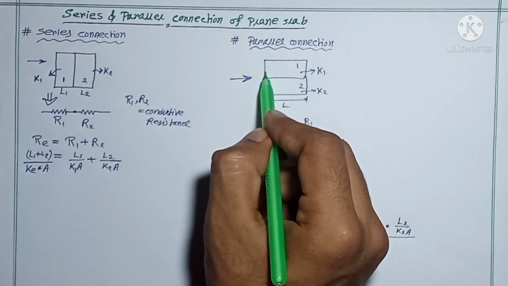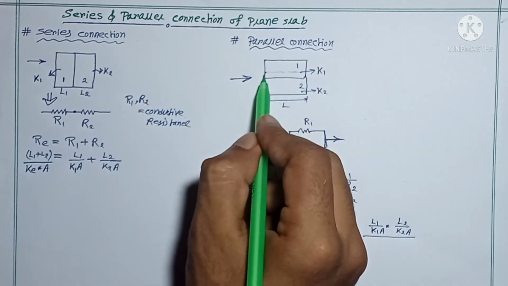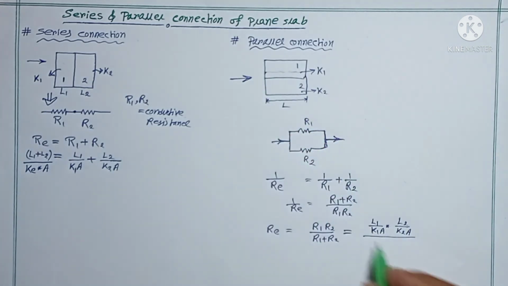Maybe the first slab is up to this one, then this area is not similar to that area, right? So the area may be different. Here you should write A1 and A2, so please be careful about that. So L1 by K1 A1 plus L2 by K2 A2.